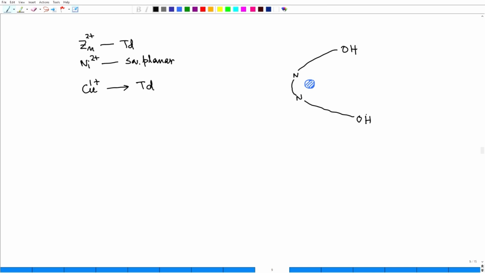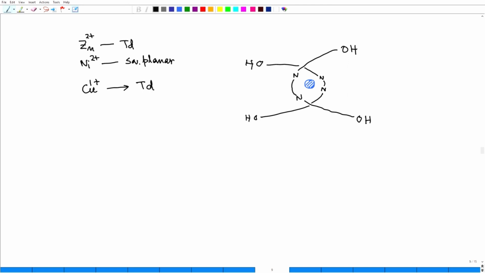The other two nitrogens will be here and here, with OH, remember.